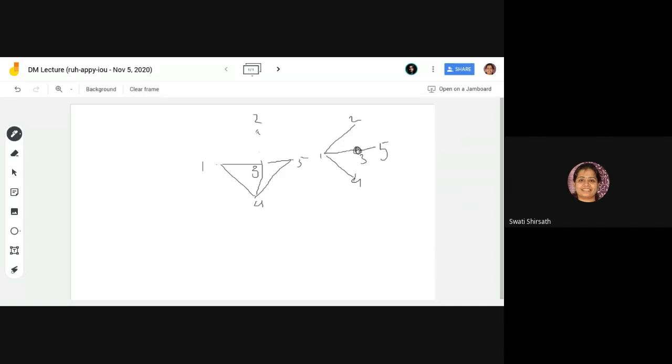And we have to consider only one branch, and the other edges should be chords.